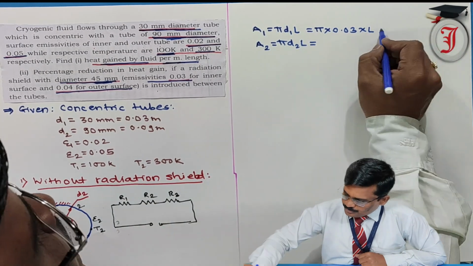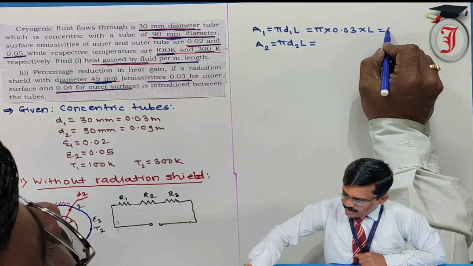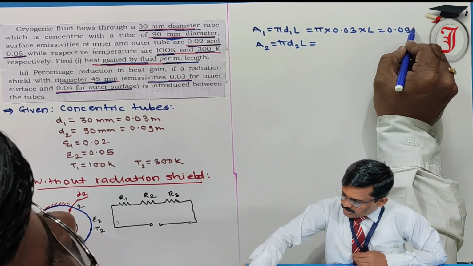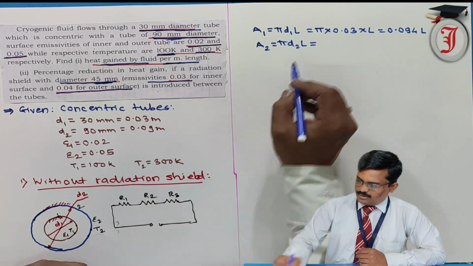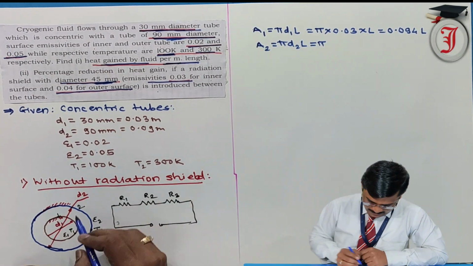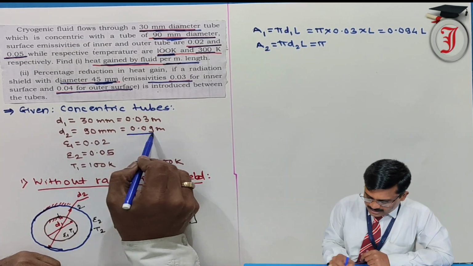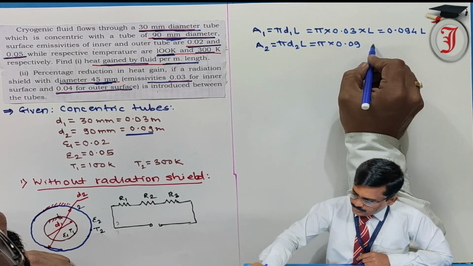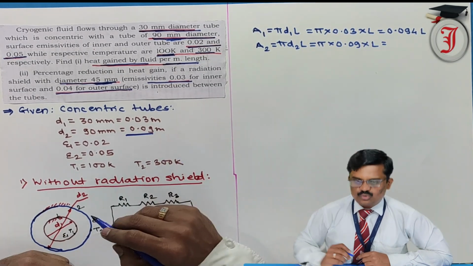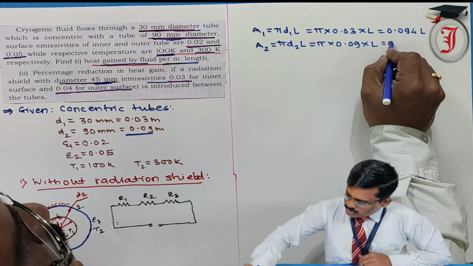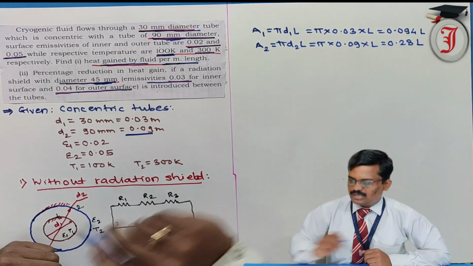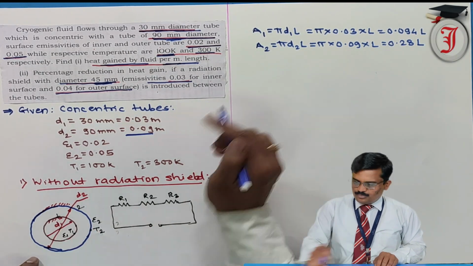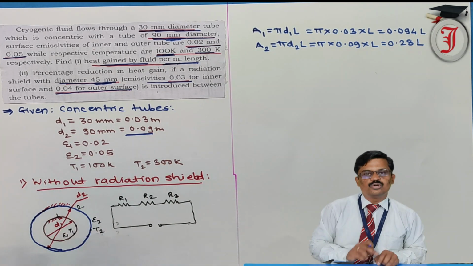That is equal to 0.094 into L. For the second, we have pi and diameter d2, which is 90 millimeter, that is 0.09, into L. That is equal to 0.28 into L. So this is the surface area A1 for the inner tube, and A2 is the surface area for the outer tube.